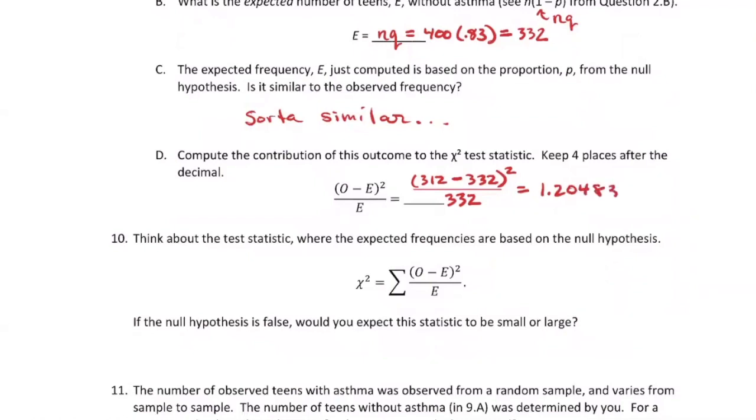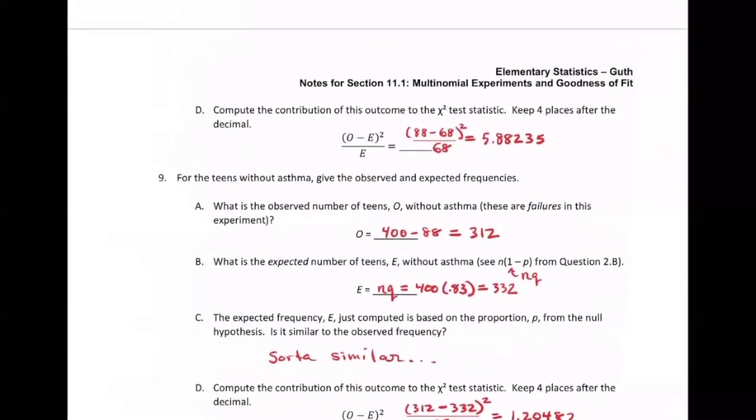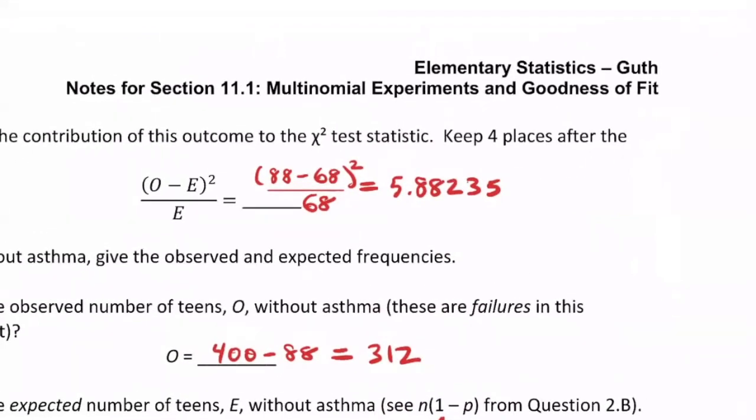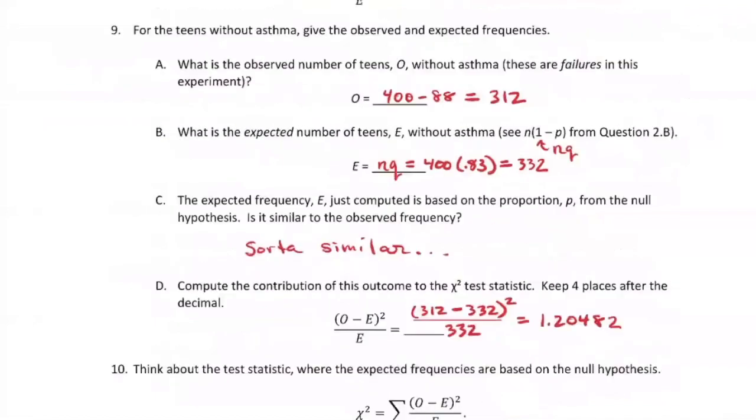This is a measure of deviation. How much does the observed frequency deviate from the expected frequency? And notice when we did the successes, this measure of deviation, the observed minus the expected, how different are they, comes out at 5.88-ish in the first case, where we said there was a big difference.